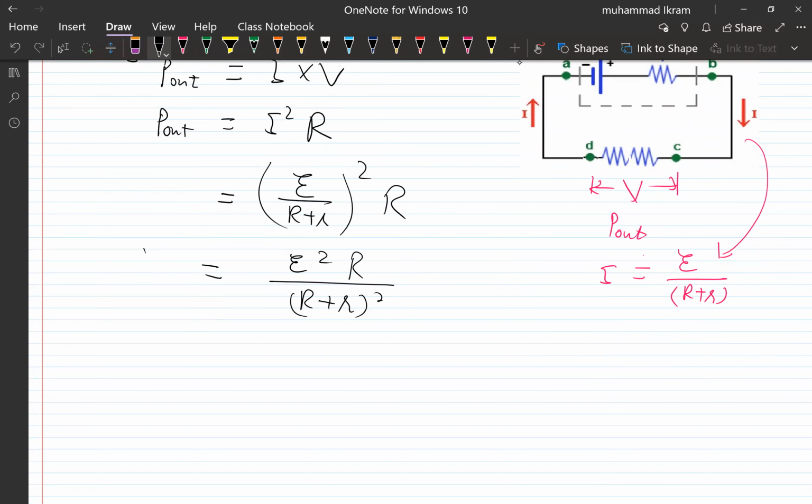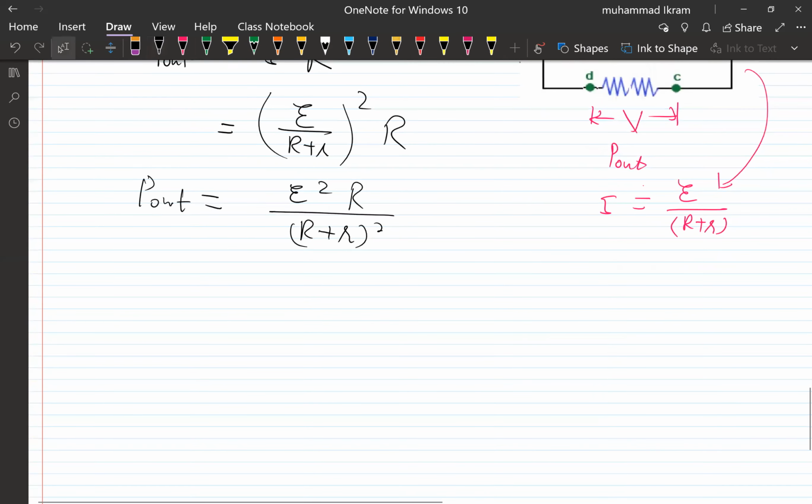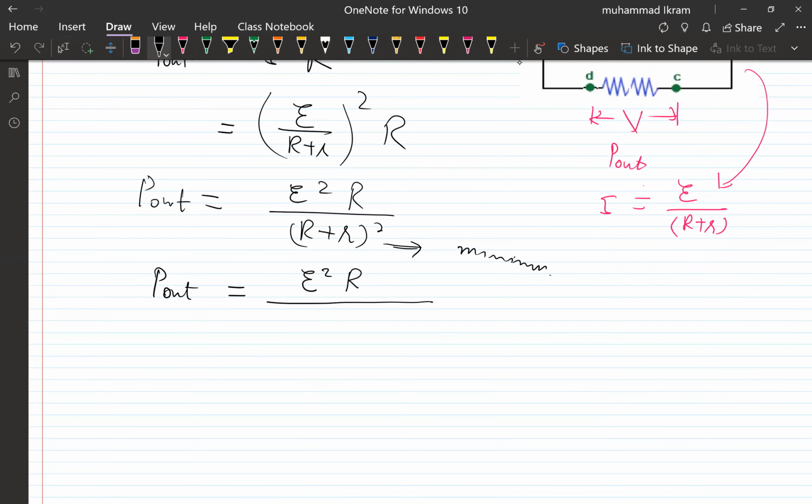Now for the maximum power out, we should have the denominator minimum. So the power will be maximum if this is minimum. We cannot arrange it in this way, so let us make certain changes in our equation, which will not alter it but will help calculate the maximum power.